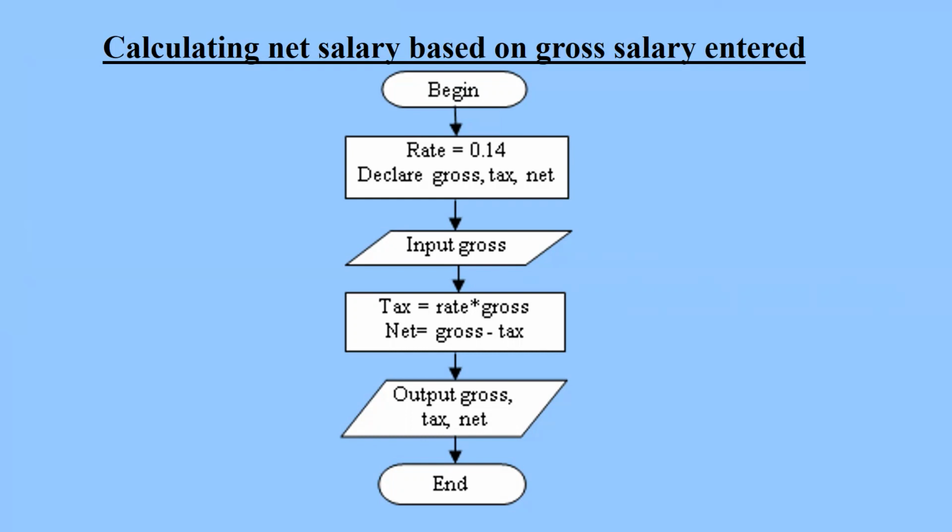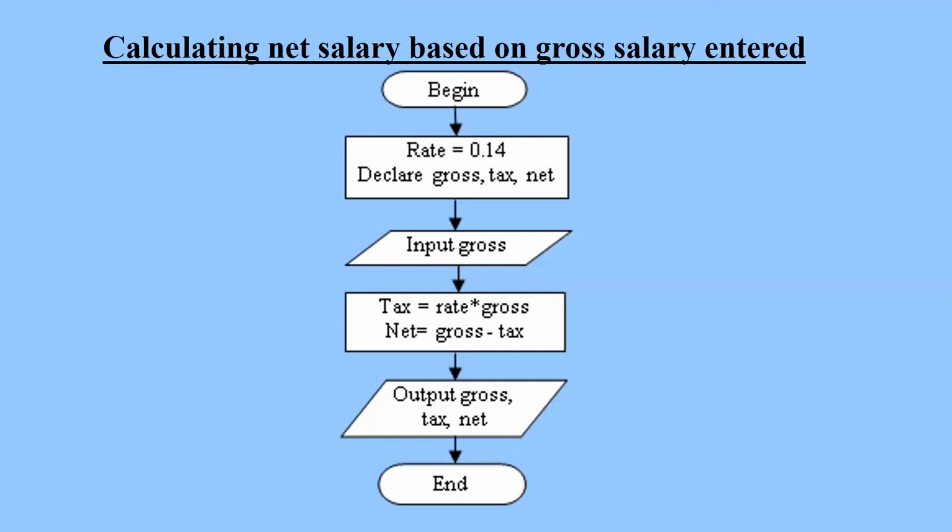Then we have an input operation. We are reading the gross salary, so inputting gross. And the symbol there is for input, the input operation symbol, which is the parallelogram. Once you have gotten the gross, the next step is to compute the tax and compute the net salary. The formula for calculating tax is rate times gross, and for computing net is gross minus tax.